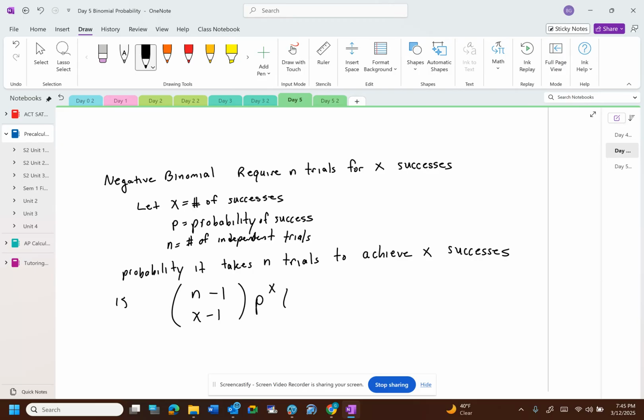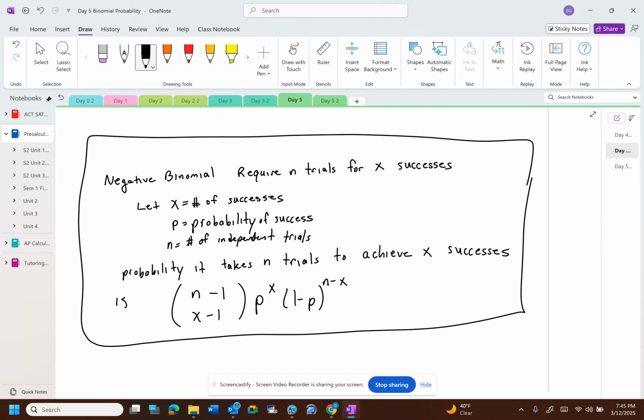P to the x, 1 minus p to the n minus x. And that's negative binomial. So it's related to binomial, but it's a little bit different twist on it.